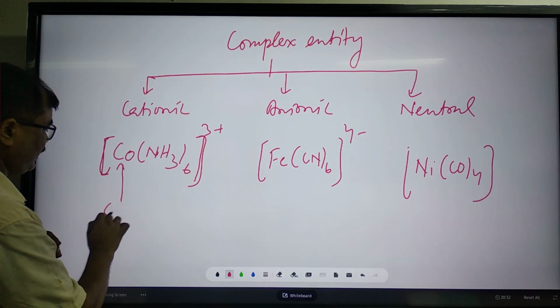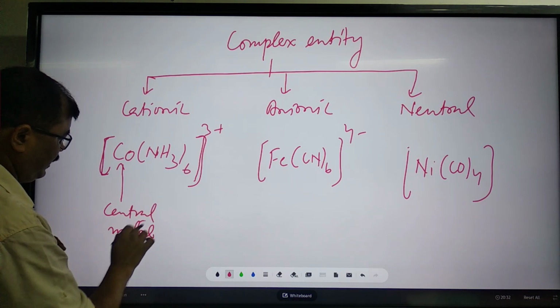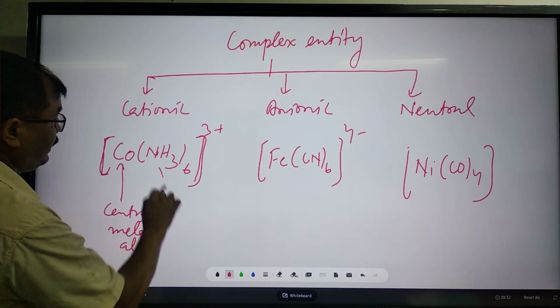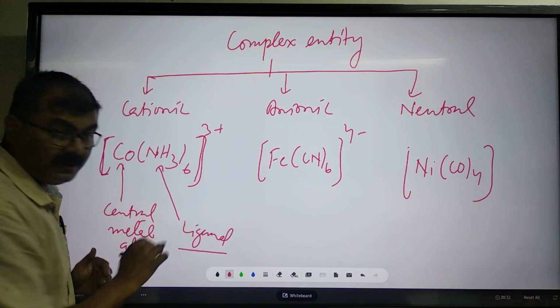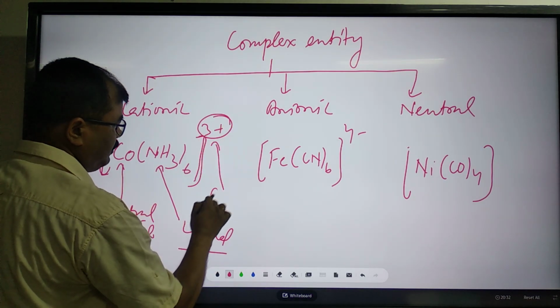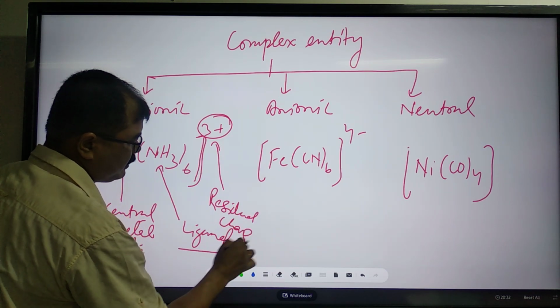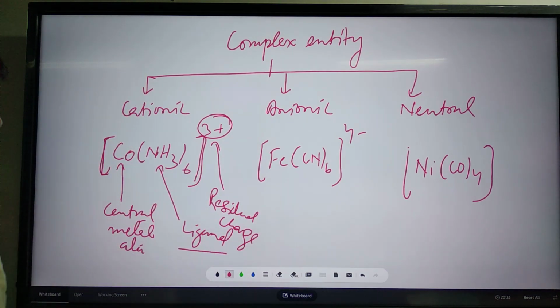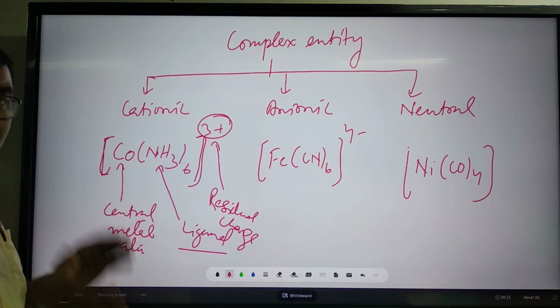This is the central metal atom, and this is the ligand. This is called the residual charge, the charge of it. All the terms we will learn once again. This is only the introduction.